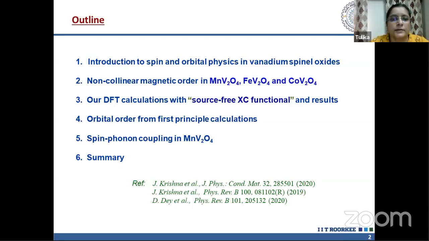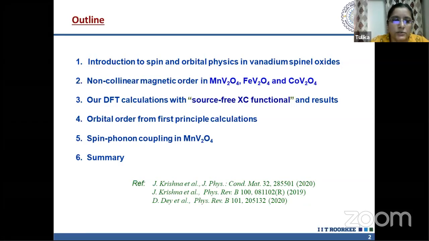And then I will discuss the non-collinear magnetic order observed in three compounds, particularly manganese vanadate, FeV2O4, and CoV2O4. And we have recently done some density functional theory calculations with a newly developed exchange correlation functional, known as the source-free exchange correlation functional. I'll present the results that we have got for these three compounds.